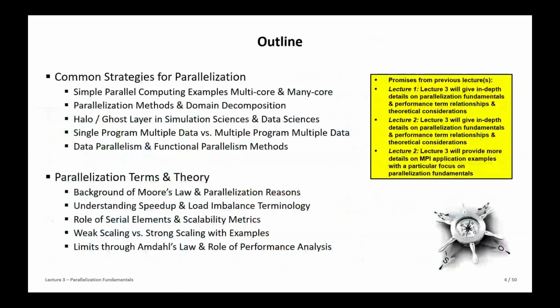We will see that there are common strategies for parallelization, which would be the first topic, where we talk about examples, multi-core, many-core. We give very simple parallel computing examples, but then we will also talk about an important concept generally in simulation sciences and in parallel computing, which we refer to as domain decomposition, right?